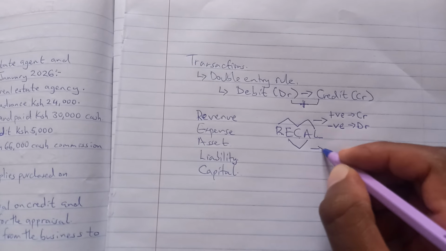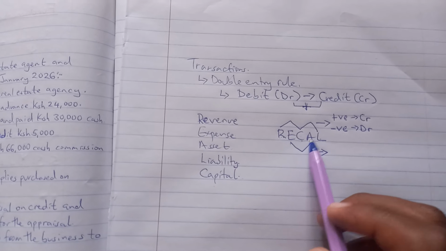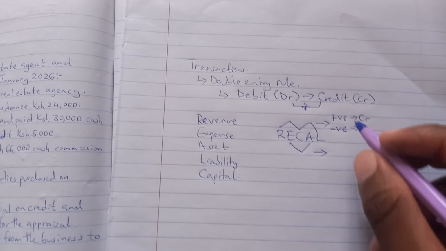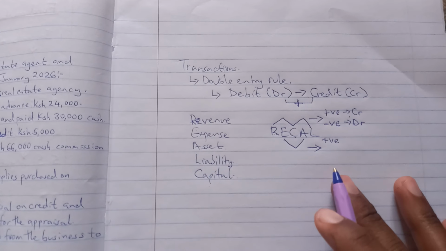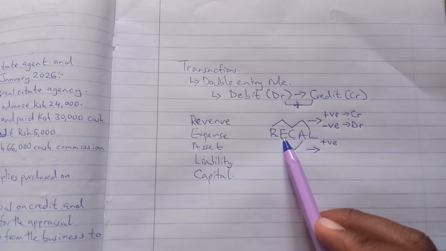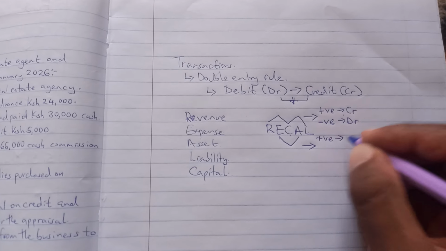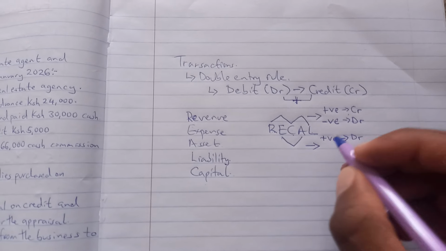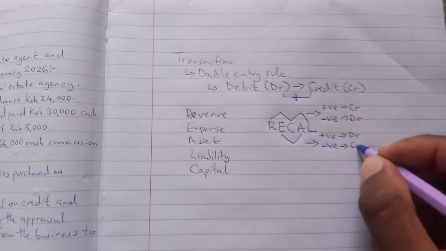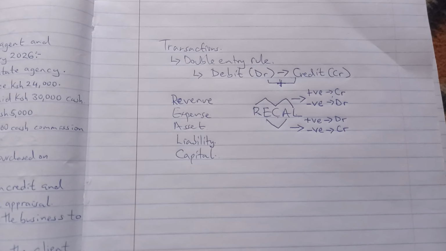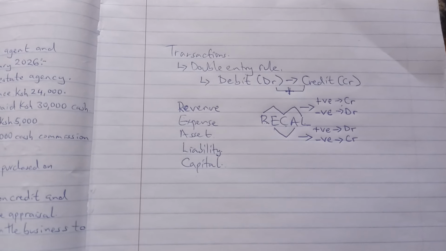And this family consisting of expense and asset is the vice versa: when there is an increase in expense or asset, you will debit, and when there is a decrease, you will credit. With this, it will help you to do any journal entry.